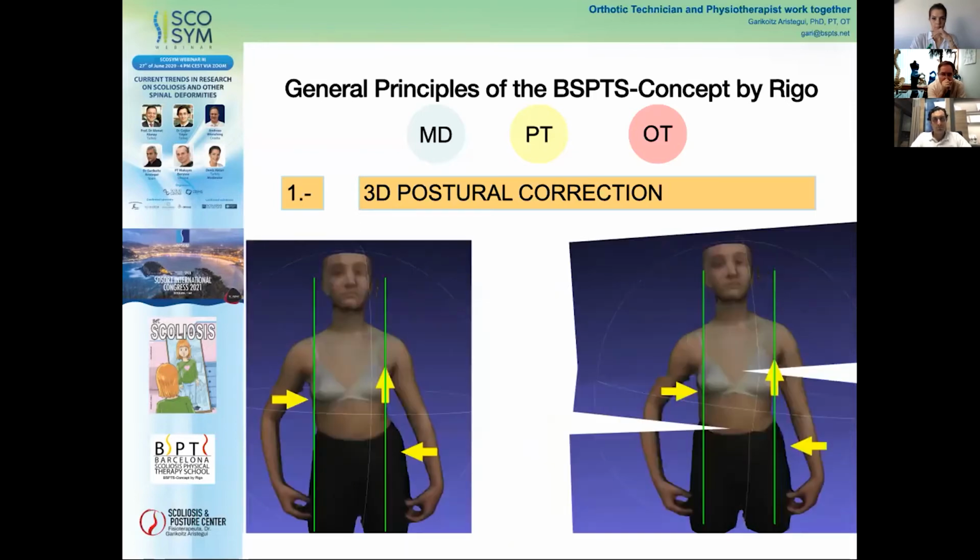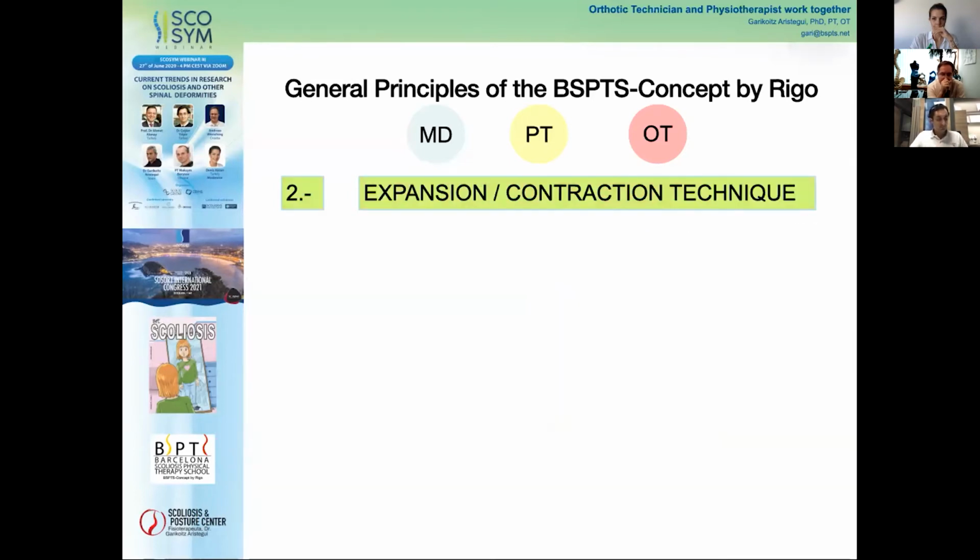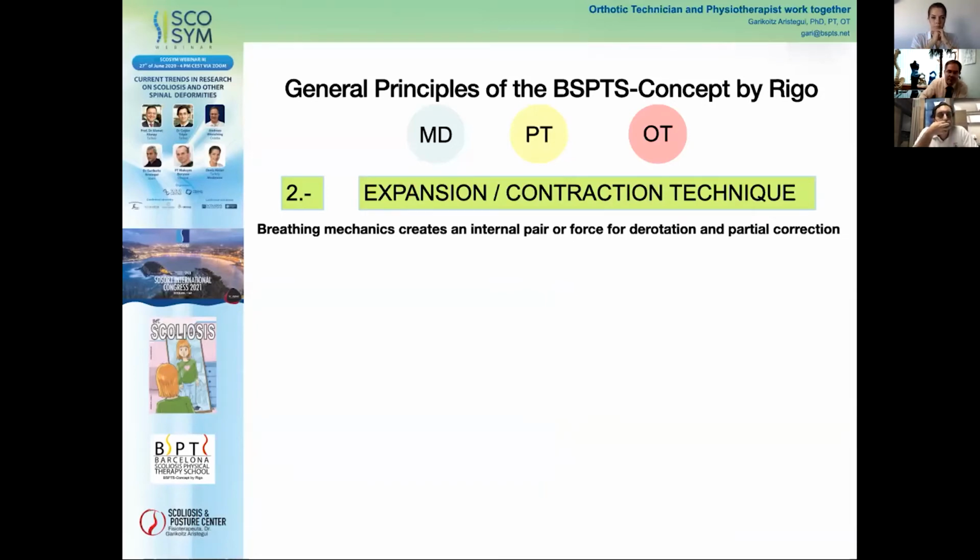We are going to do it in the frontal plane, and theoretically, we must have the same result. When we are speaking about the second general principle, expansion and contraction technique, we know that the breathing mechanisms create an internal pair of forces for the rotation and partial correction.